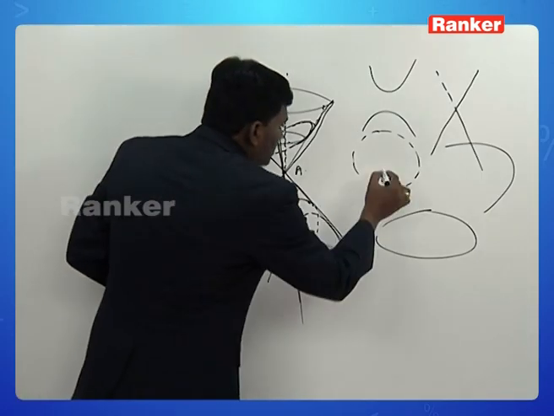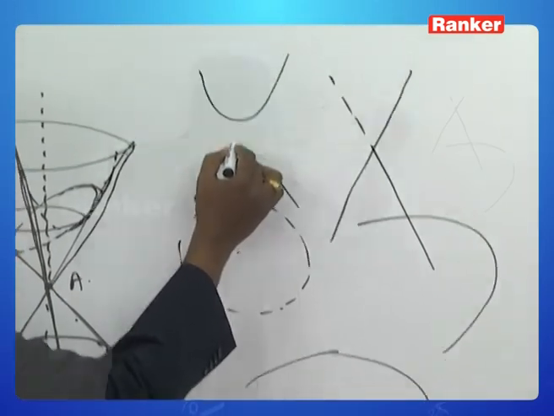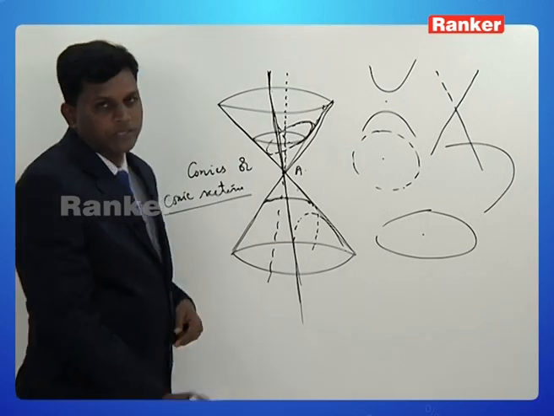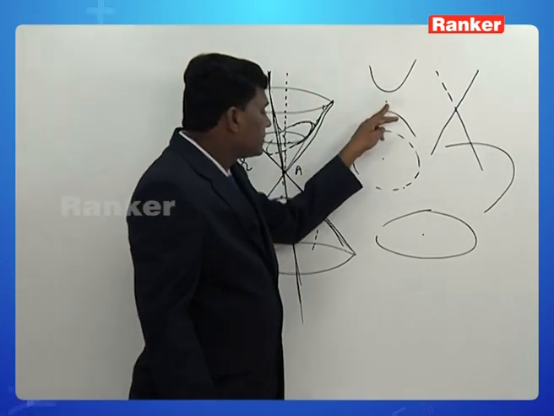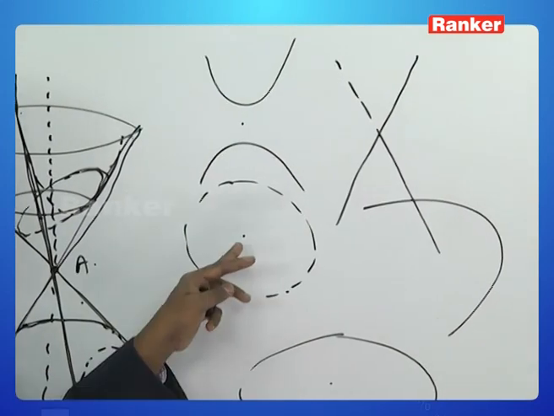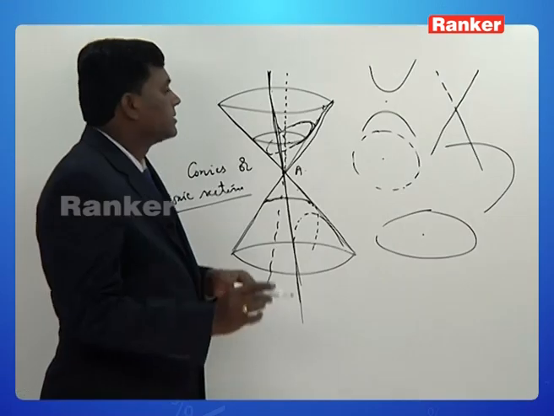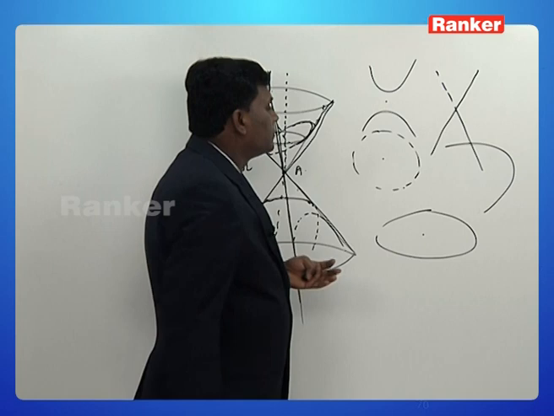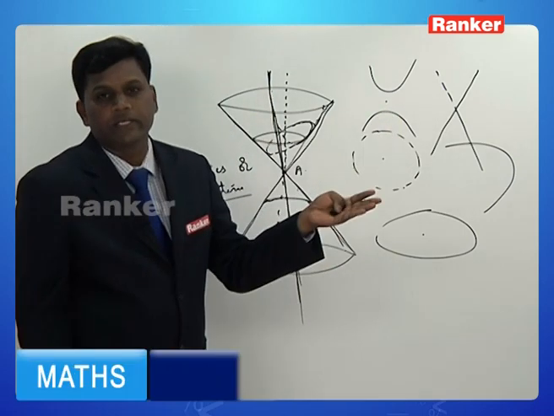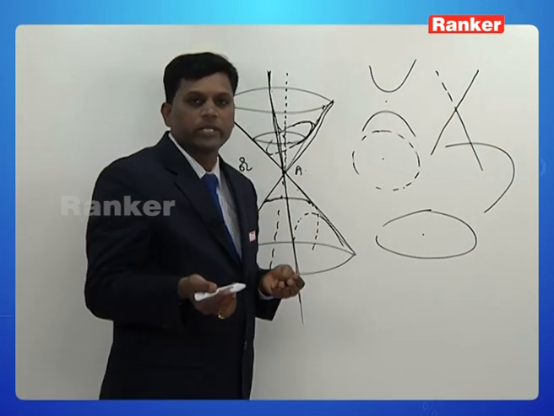Here, this circle, ellipse and hyperbola, all these 3 contain a center. That is why these three are called central conics, and the remaining two are non-central conics. The conics which contain a center can be called central conics.